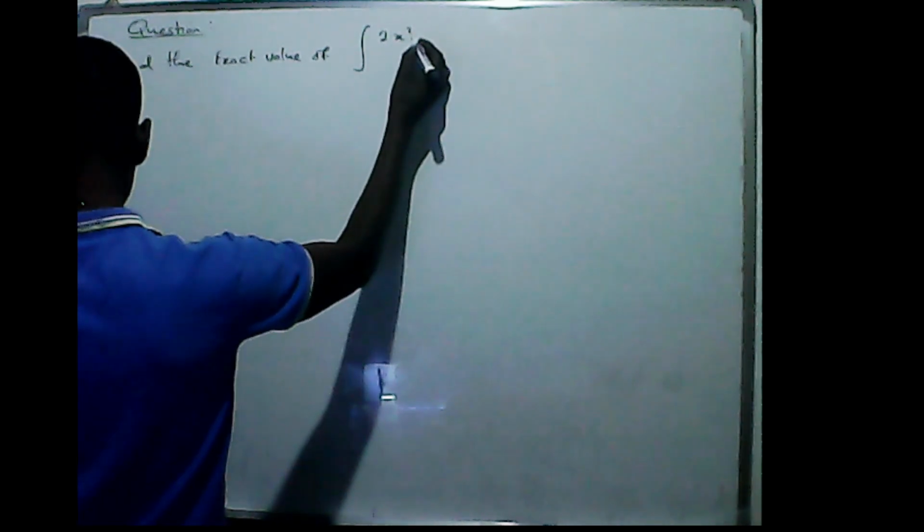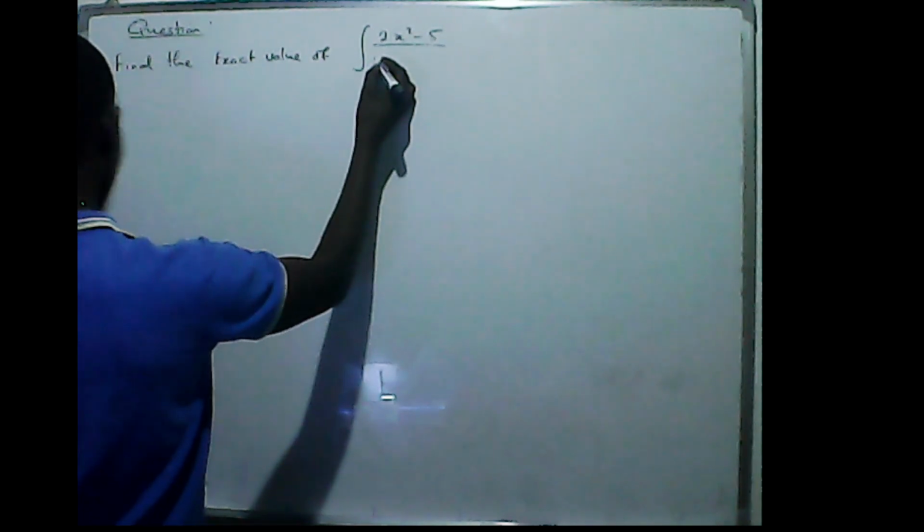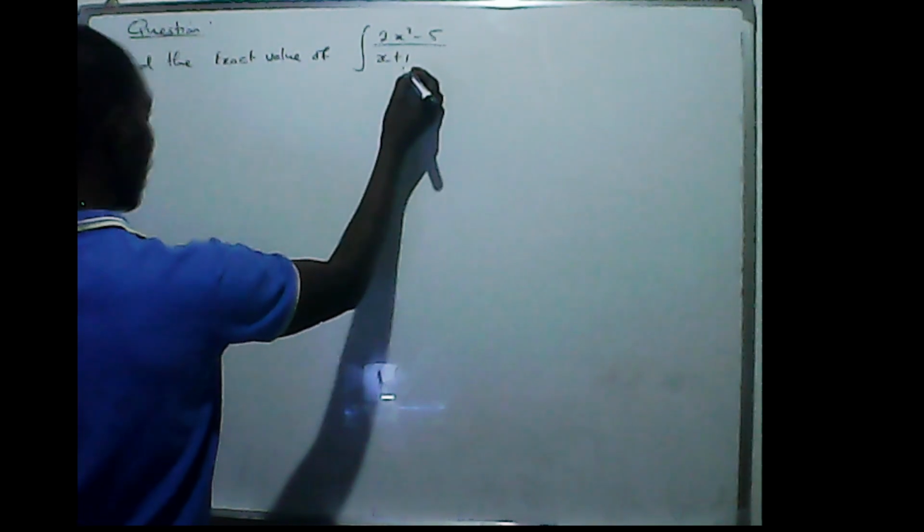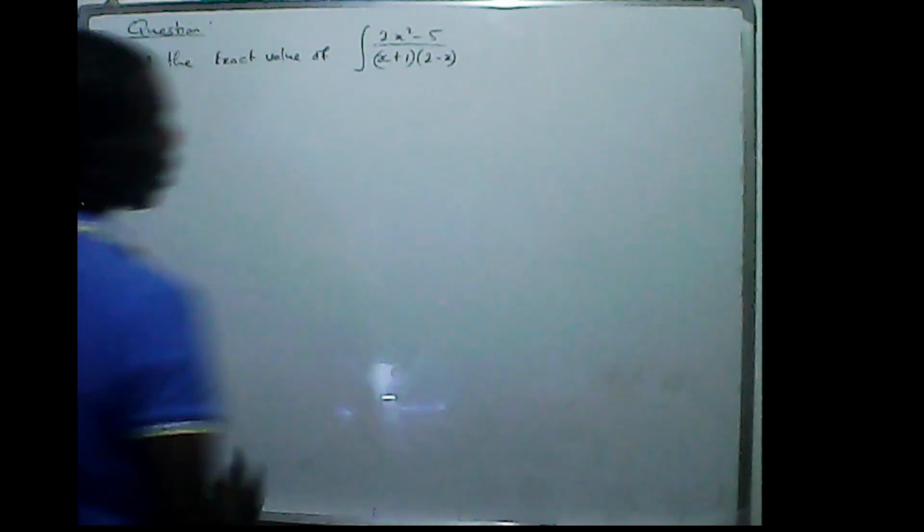Find the exact value of the integral of 2x squared minus 5 over x plus 1, 2 minus x, so dx.